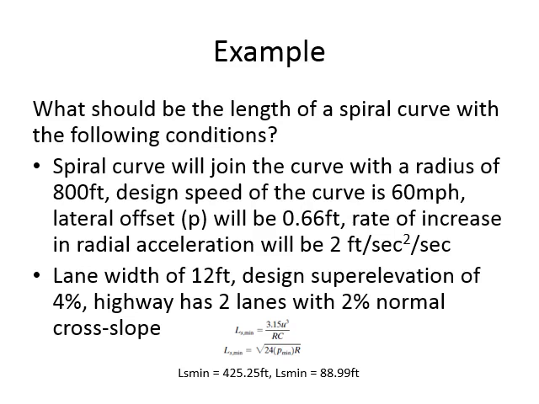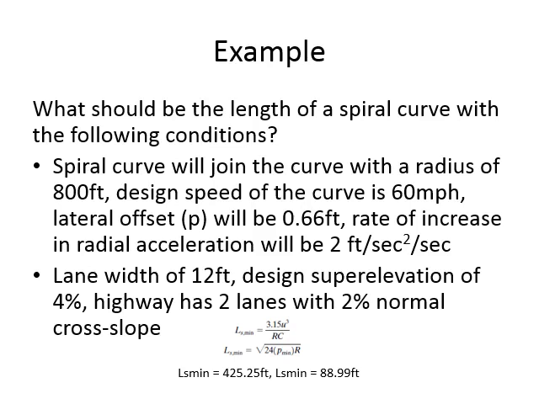Now in this example we have to find out the length of a spiral curve for the following conditions. The spiral curve will join a radius of 800 feet, and the design speed of the curve is 60 miles per hour. The lateral offset is 0.66 feet, which is standard, and the increase of radial acceleration is 2 feet per second squared per second.